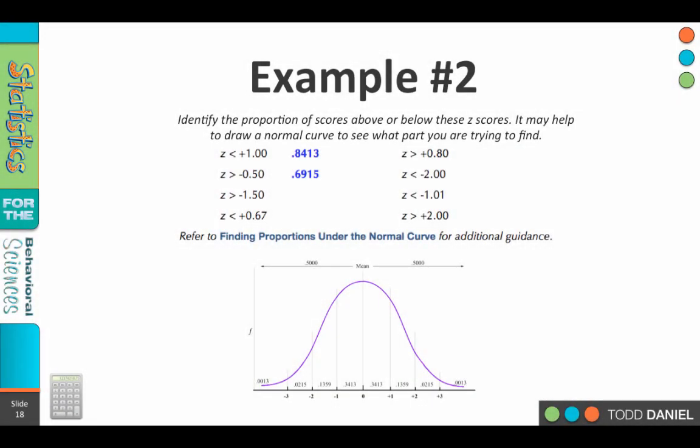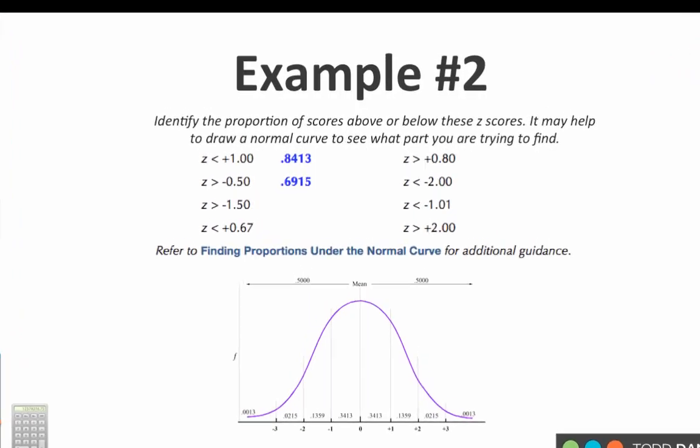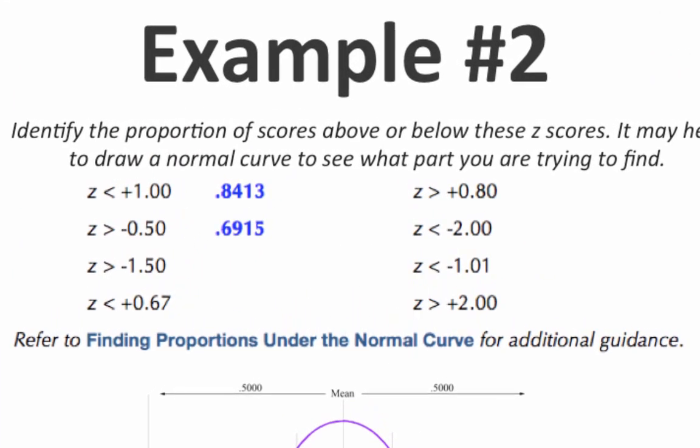Welcome back. Let's see how well you did. For a z-score greater than a negative 1.50, the value is 0.9332. For a z less than positive 0.67, the value is 0.7486.